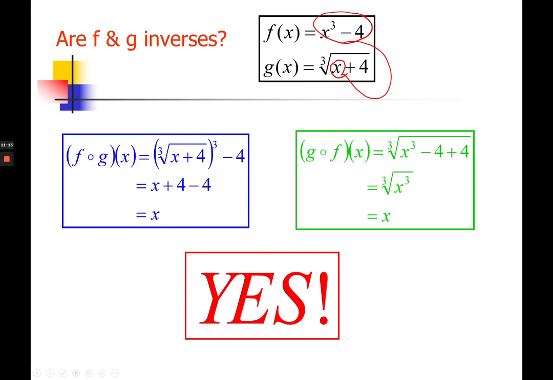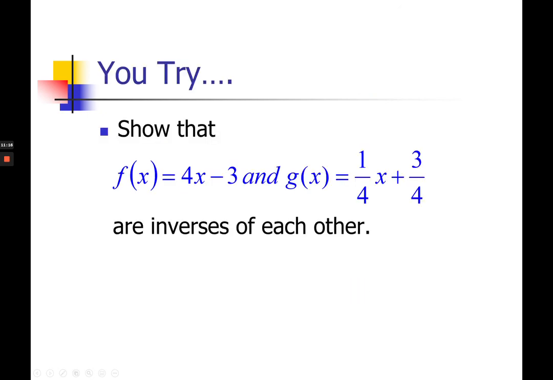I guess that's the last example. Oh, here's the challenge. There is no work given. What do you think? Show that f of x is equal to 4x minus 3 and g of x is equal to 1/4 x plus 3/4. Show that they are inverse of each other.